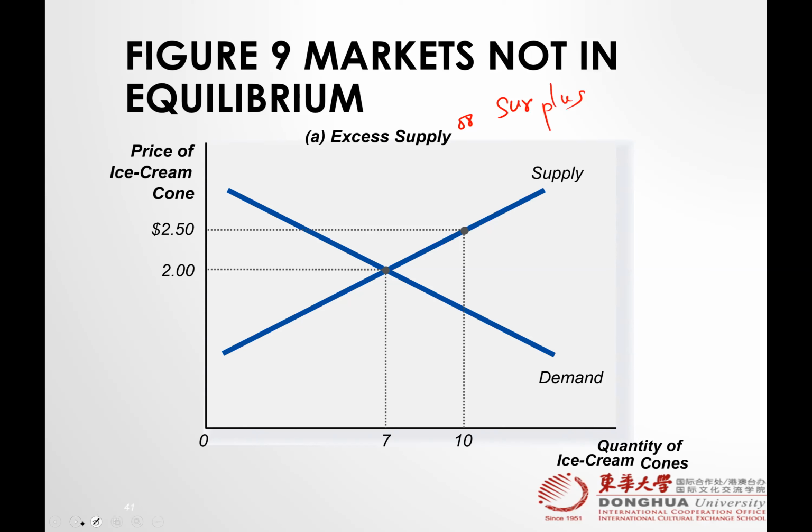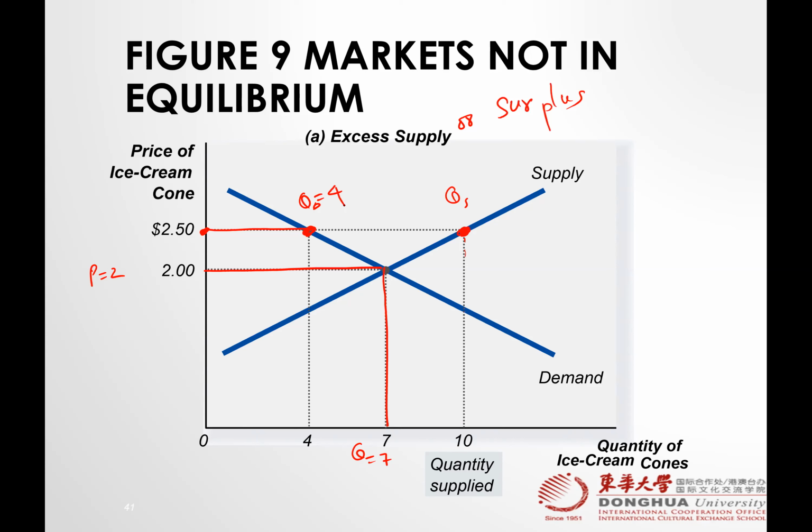So surplus is, so this is the case of equilibrium. If in the market the price is 2.5, what happened here? This is quantity demanded, this is quantity supplied, right?